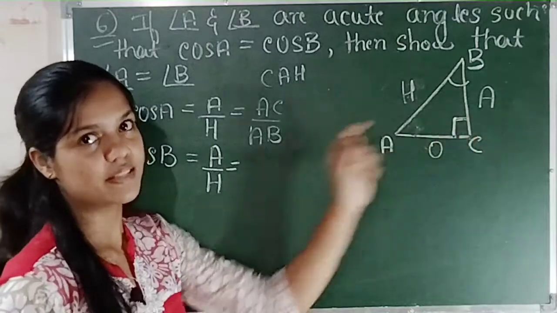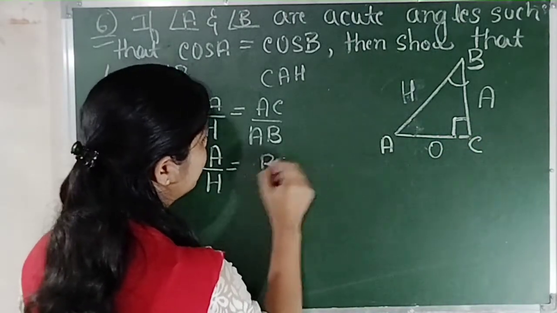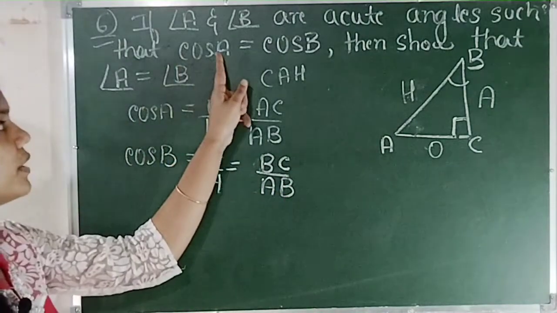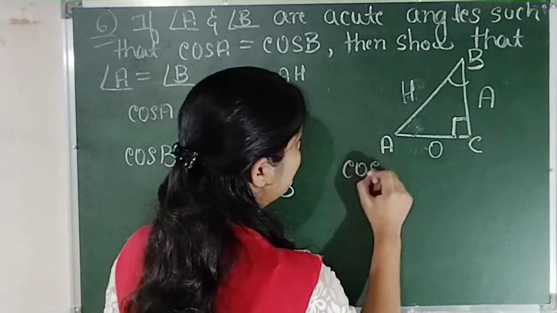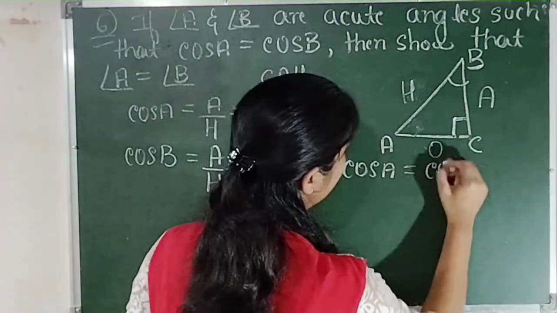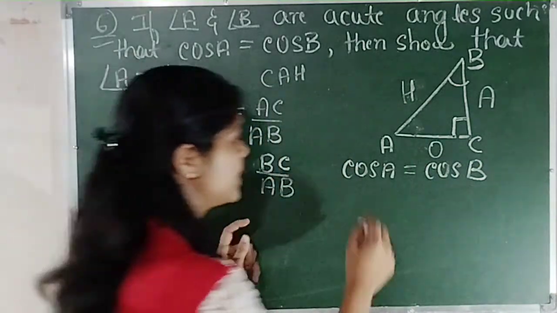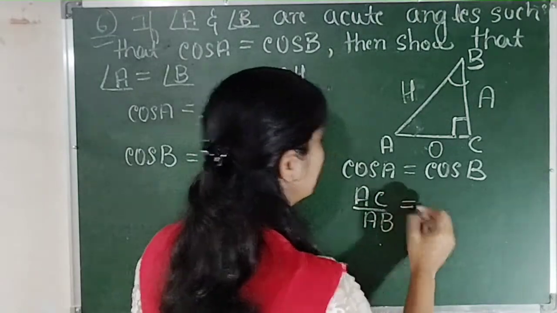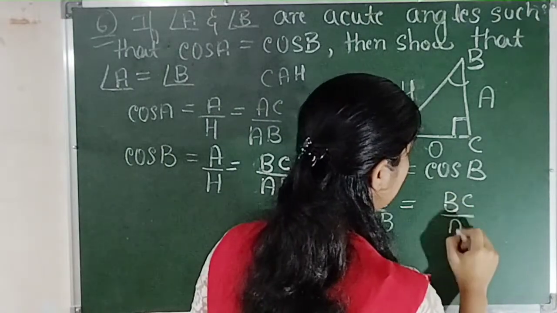Adjacent is BC and hypotenuse is AB. They have given cos A is equal to cos B. Cos A is nothing but AC divided by AB, that is equal to BC divided by AB.